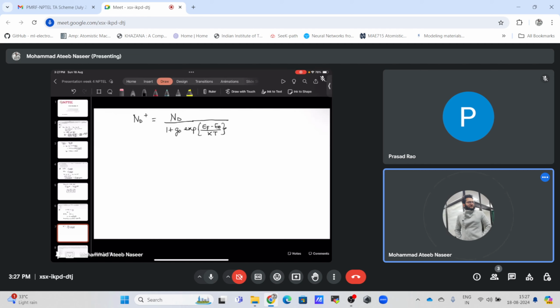Okay, so let's do some manipulations. Let's add and subtract the conduction band edge from this. So we have 1 by Gd exponential of EF minus EC plus EC minus ED by KT.